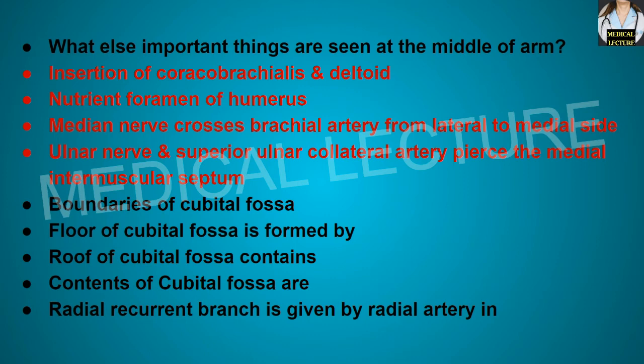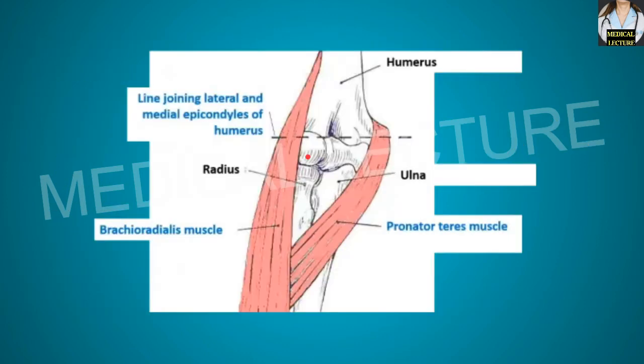Now, what are the boundaries of the cubital fossa? As you can see over here, this is the cubital fossa. The boundaries are basically three: medial boundary, lateral boundary, and the superior boundary or the base. The medial boundary is formed by the lateral border of the pronator teres muscle.